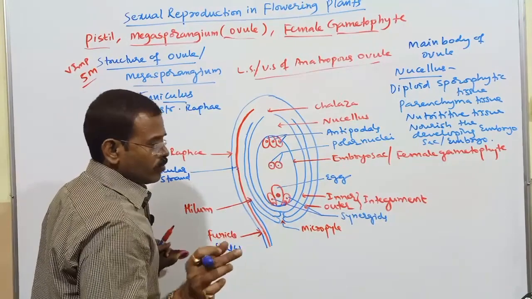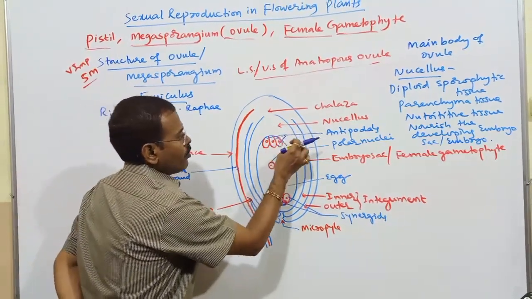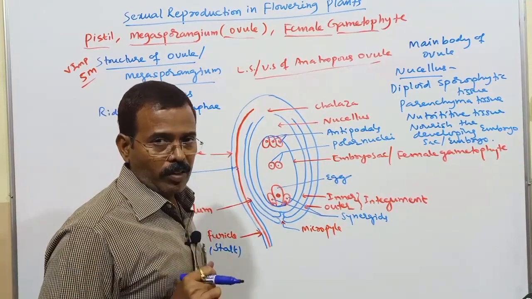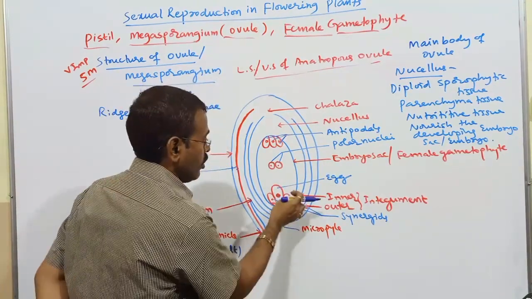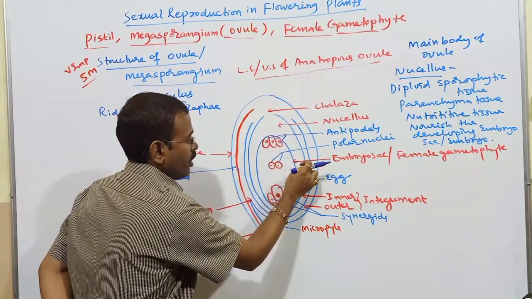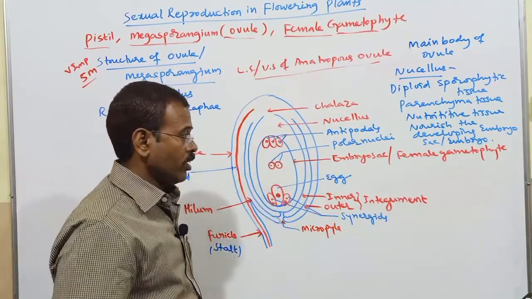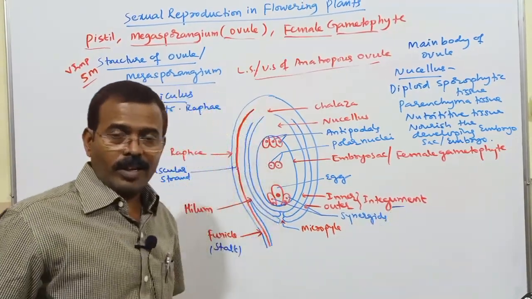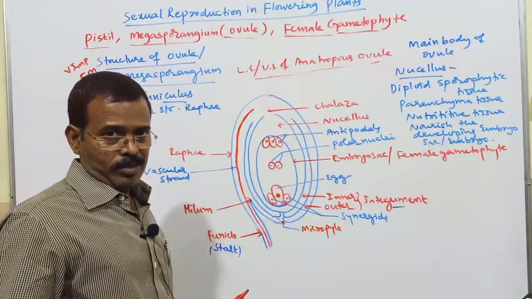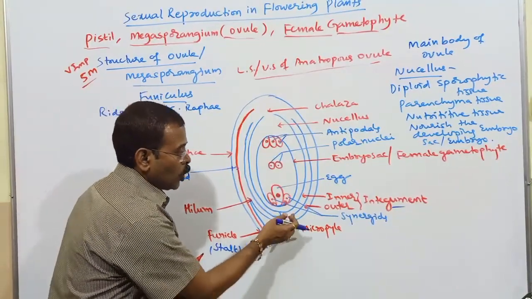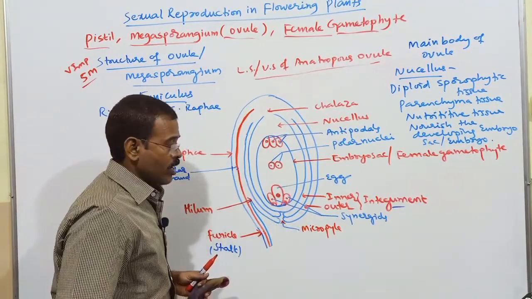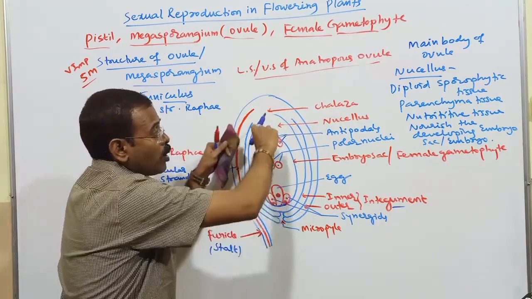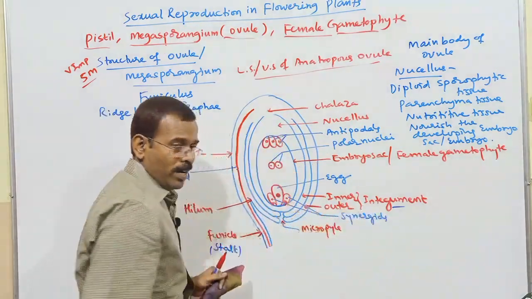Now, see here. This nucellus is covered with a protective covering that is called integument. So we have two integuments here. The nucellus, the main body of the ovule, is not completely covered with integument.